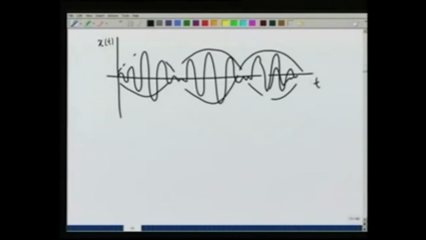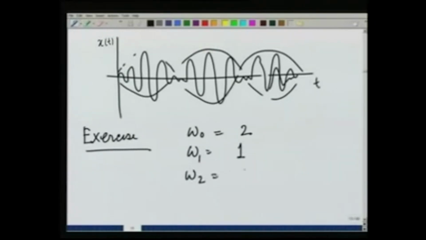What I would urge you to do is an exercise: choose an omega 0, let us say 2, choose an omega equal to 1, choose another omega 1.5, choose another omega 1.7, and so on, and try to plot these.